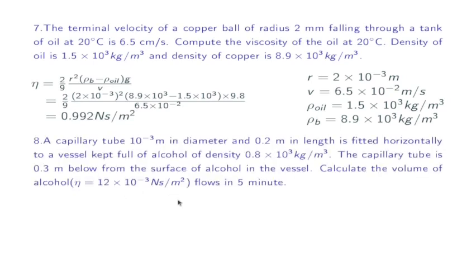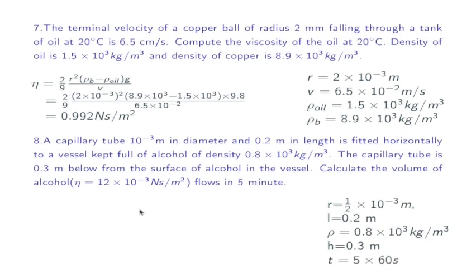So here a capillary tube 10 raised to minus 3 meter in diameter and 0.2 meter in length is fitted horizontally to a vessel kept full of alcohol of density 0.8 into 10 raised to 3 kilogram per meter cube. The capillary tube is 0.3 meter below the surface of alcohol in the vessel. Calculate the volume of alcohol.